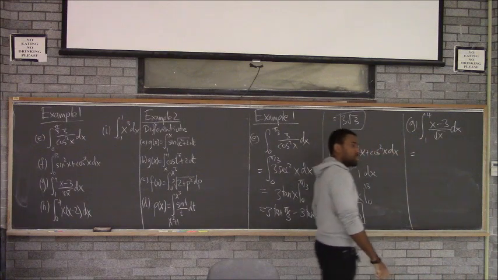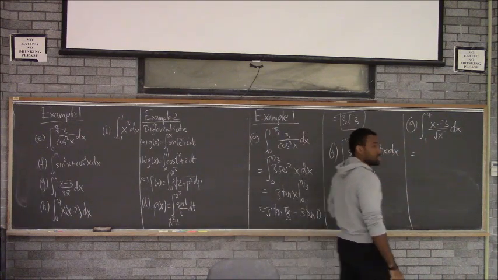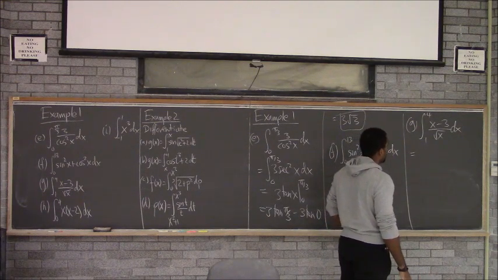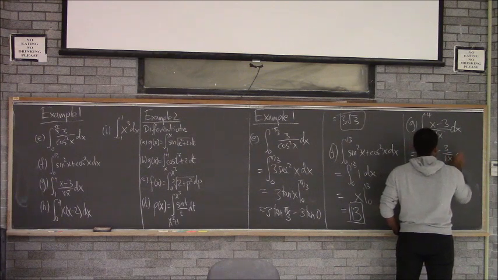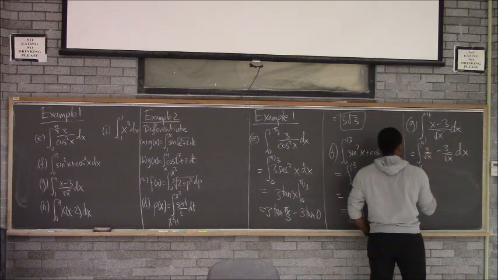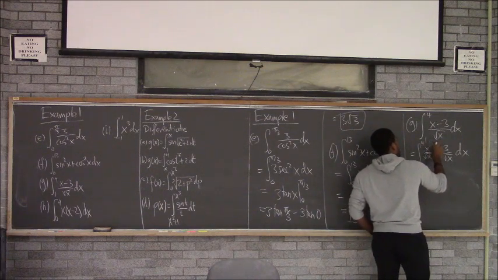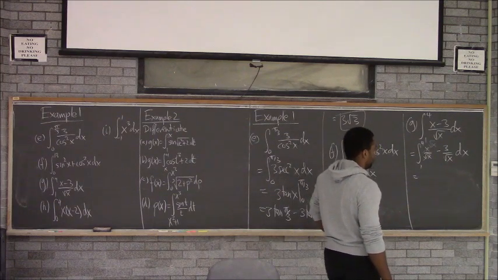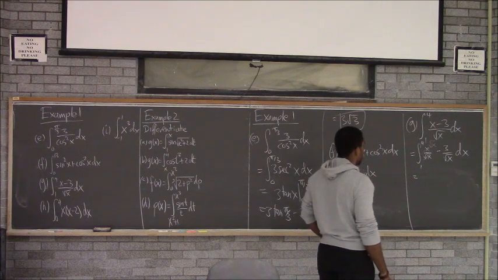How do you do this one? Yeah. So you can separate, you get a separated fraction, so it'll be square root of x minus square root of y. Right, so that's going to go into that square root of x times. How do you anti-differentiate square root of x? You can use the power rule.